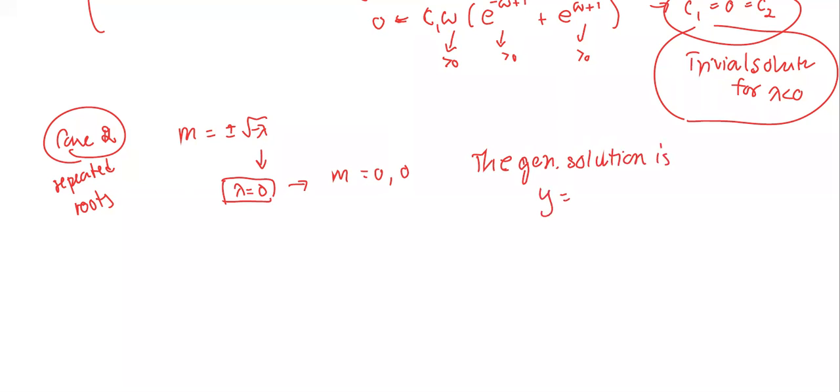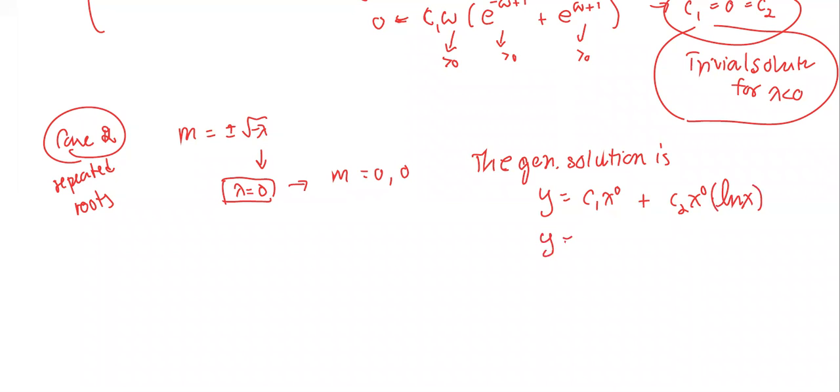y equals C1 x to the 0 plus C2 x to the 0. What happens for the Cauchy Euler solution if we have repeated m's? We multiply by natural log x. Right? That's the difference between the Cauchy Euler and the constant coefficient equation.